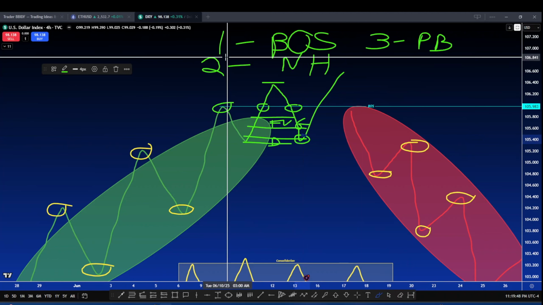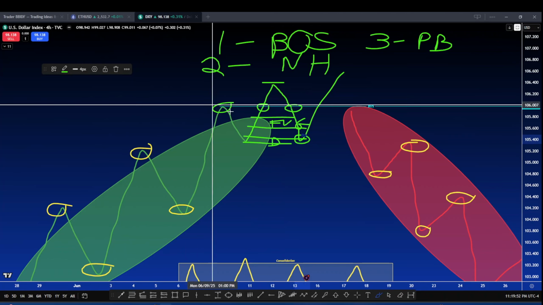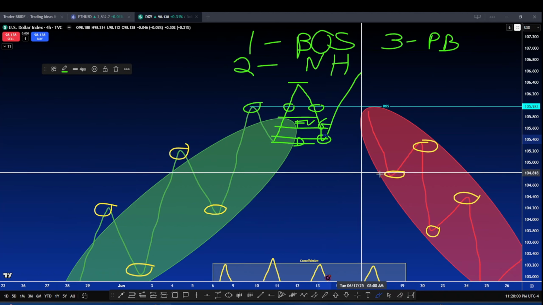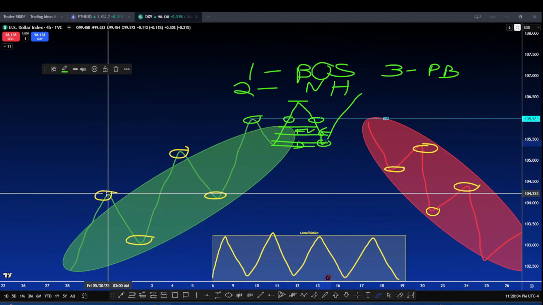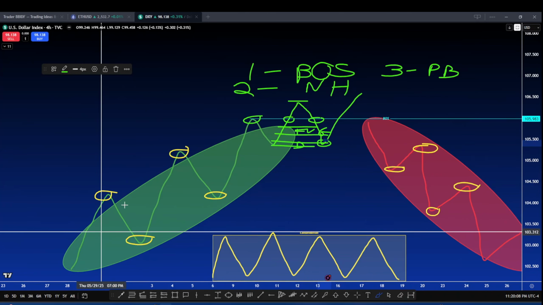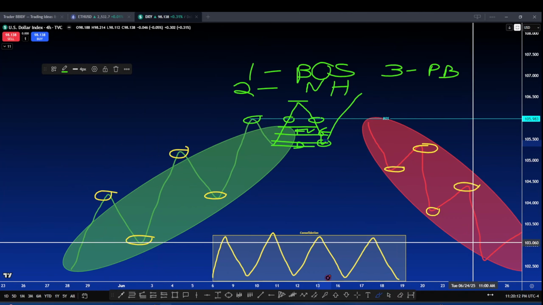So if you understand this cycle, guys, and you understand how to read market structure, these are the things that help you identify a good trade setup versus a bad trade setup, because your good trade setups are going to be when you can easily, visibly see that price action on the chart is giving you uptrend market structure, or it's giving you downtrend market structure.